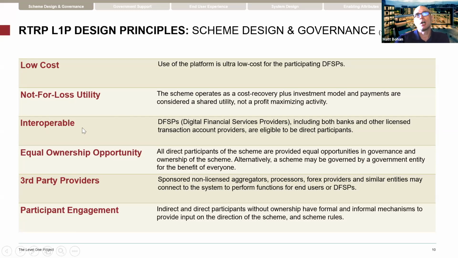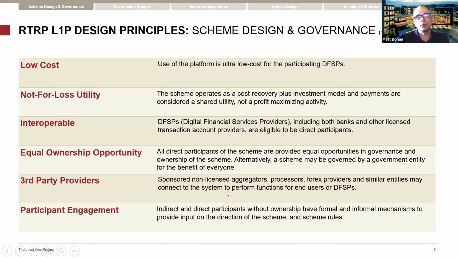So banks, mobile money providers, others in the space should be able to participate directly in the system. There should be the opportunity for those participants to own the system equally, so that there are no excluded business sectors that otherwise could add value.